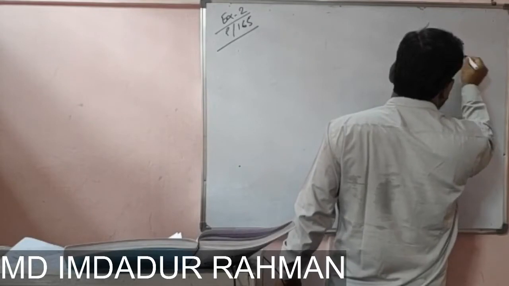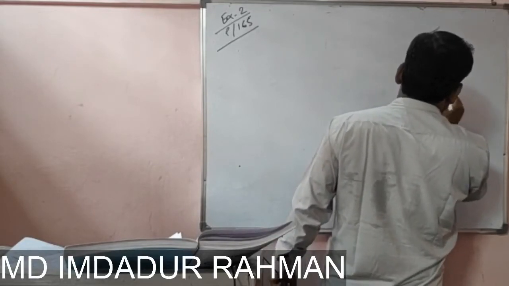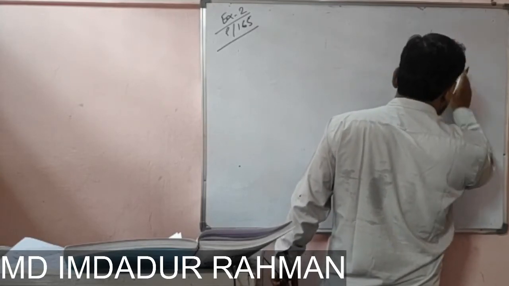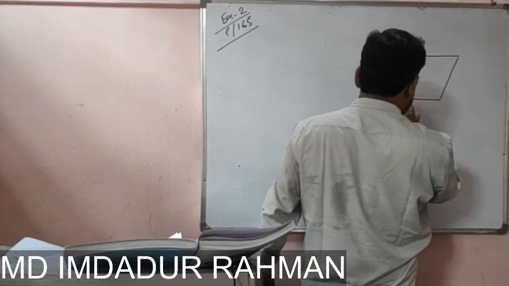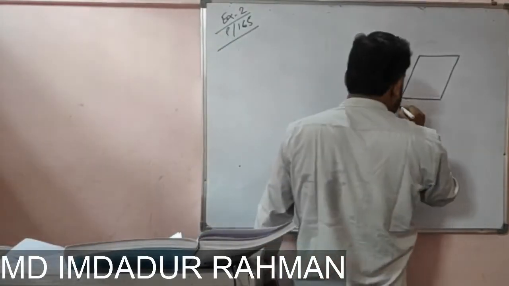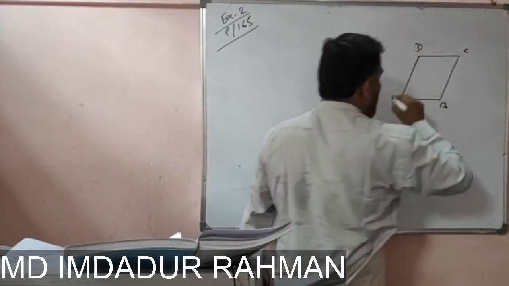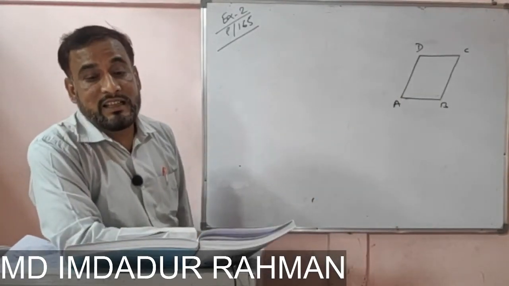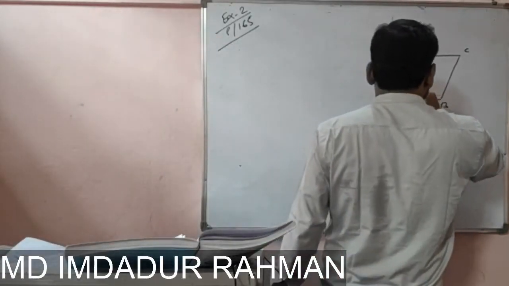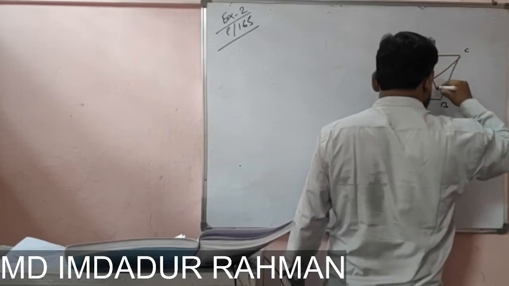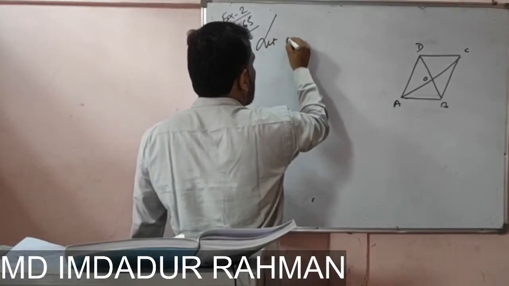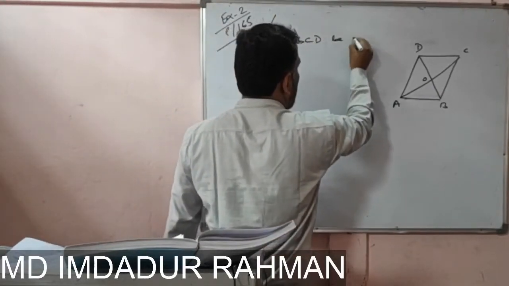So drawing a rhombus as a quadrilateral. Let ABCD be a quadrilateral. ABCD is a quadrilateral and AC and BD are the diagonals intersecting at O.